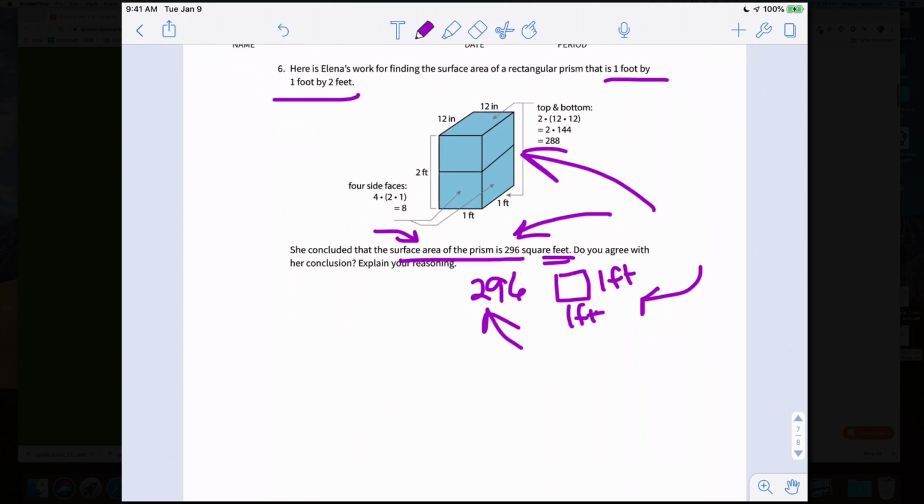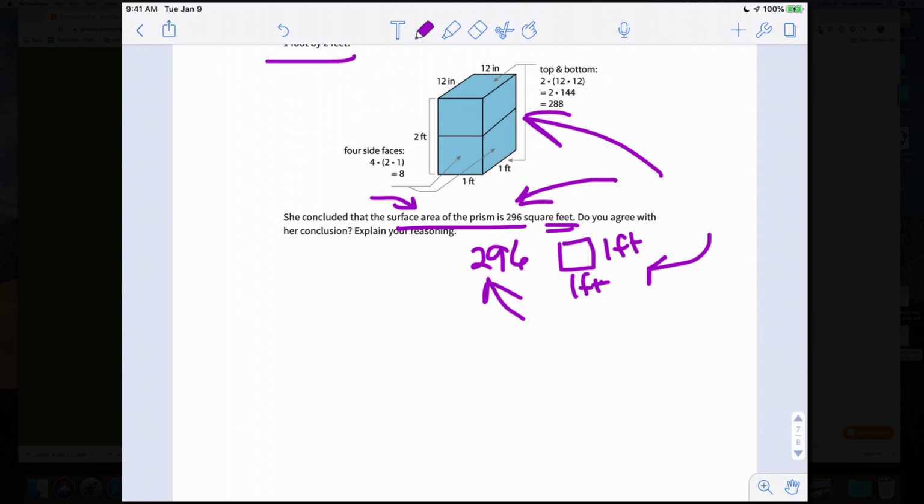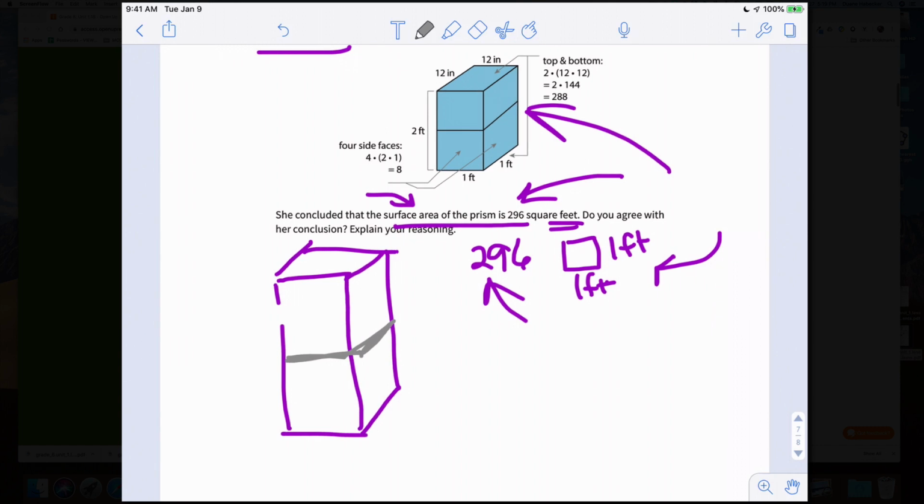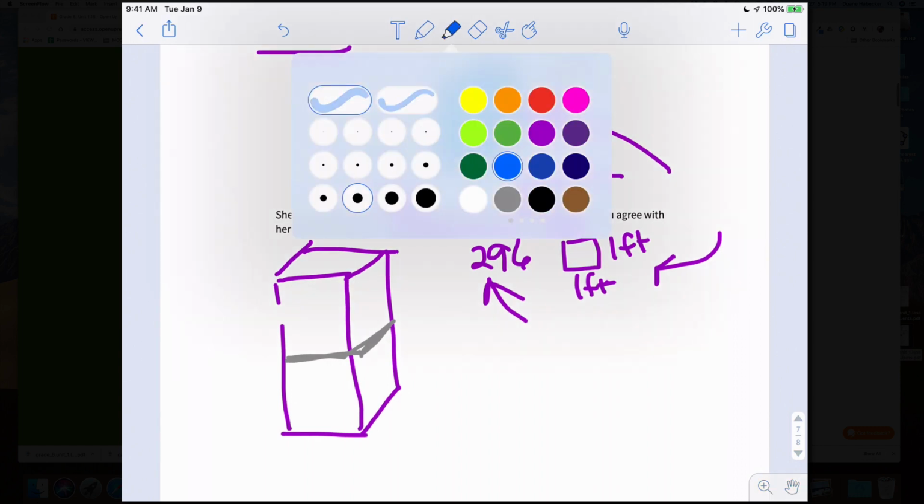And really, if you want to think about it, a 1 by 1 by 2 is going to look more like this, and here is my 2. So what is the surface area of this thing? Remember surface area.